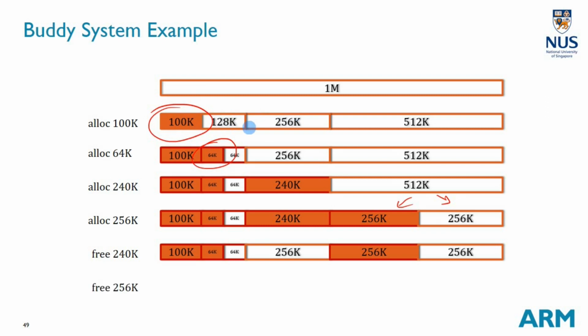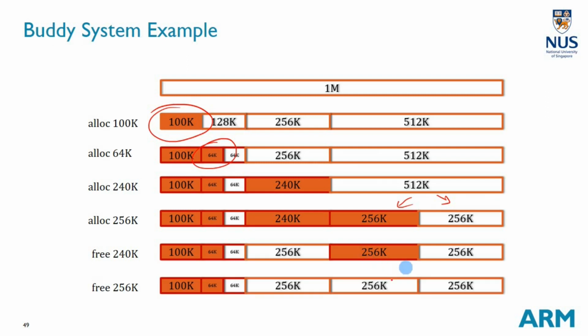So when I free up the 256k over here, this 256k and this 256k can then combine together to merge and create a 512k hole. When it comes to merging, we need to be careful to ensure that mergings are always aligned to the boundaries of the upper level. You cannot just merge with the next available free space. It has to be aligned to the upper level.